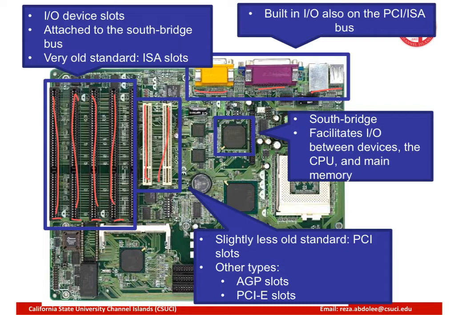The keyboard previously used the RS-232 serial port, and that's the port for that. And we also have the South Bridge chipset over here. This chipset facilitates input-output device communication with the CPU and with the main memory.